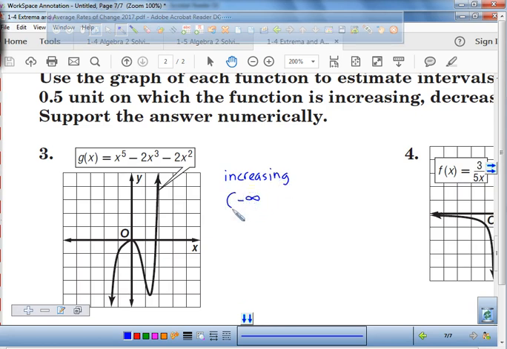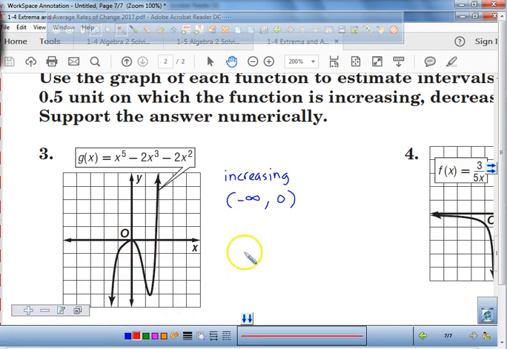And why do I do a soft bracket? Because I'm not including negative infinity. And by the way, you are also not going to include 0, because it is increasing all the way to 0, not including 0.